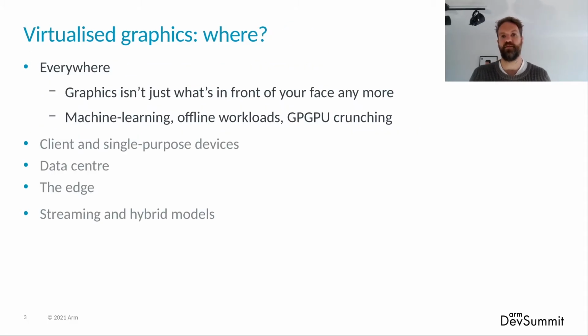So in terms of where we see virtualized graphics, it turns out the answer is everywhere. When I first started working with graphics, it was very immediate: graphics is what's put in front of your face. It's the CAD app on your workstation, it's the games that you're playing, a very immediate user-facing kind of thing. But here we are in 2021, we have machine learning taking over everything.